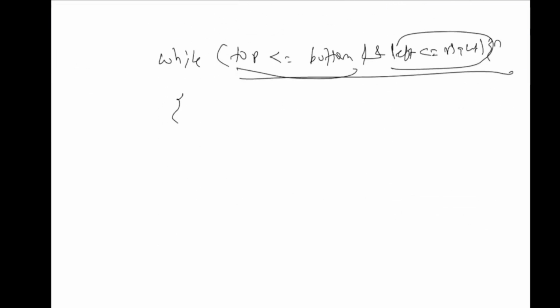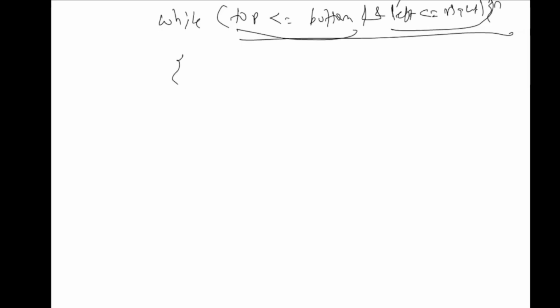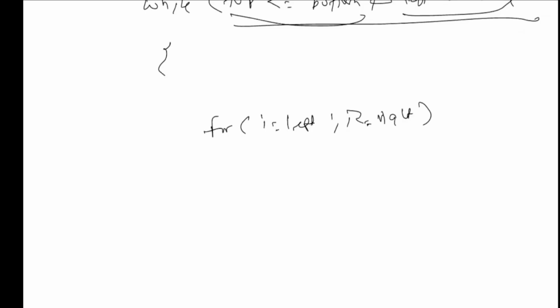For example, you can assume that I have already written the code. I just need to make sure that whenever I'm traversing, I'm not counting the last one. So I will write the code over here. For example, for i equal to left to right, here we are just increasing our top.